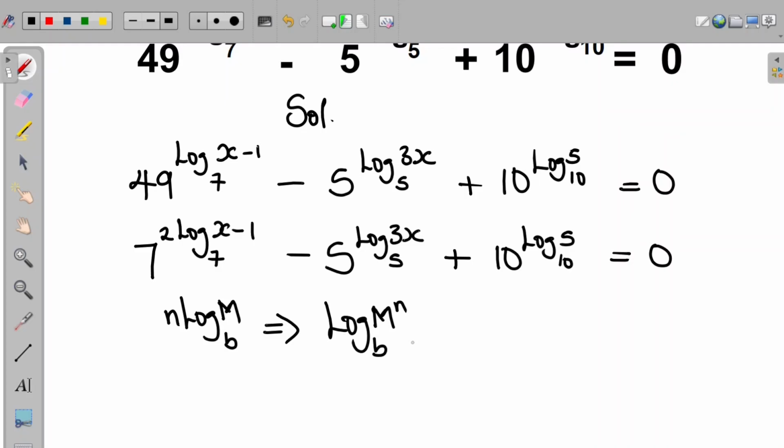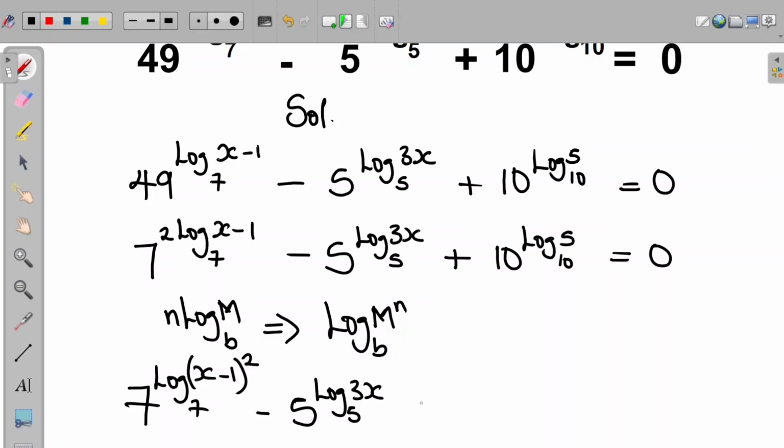Thus, the equation becomes 7 raised to the power of log of x minus 1 all raised to the power of 2 to base 7, minus 5 raised to the power of log 3x to base 5, plus 10 raised to the power of log 5 to base 10, equal to 0.